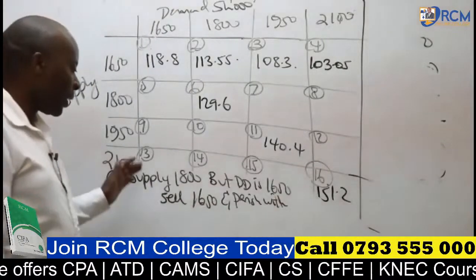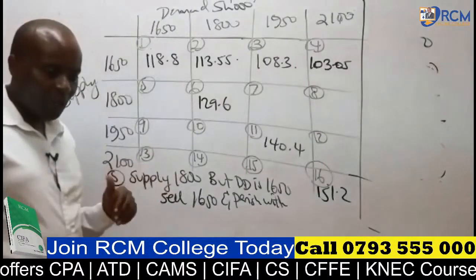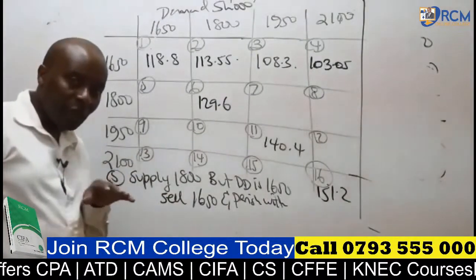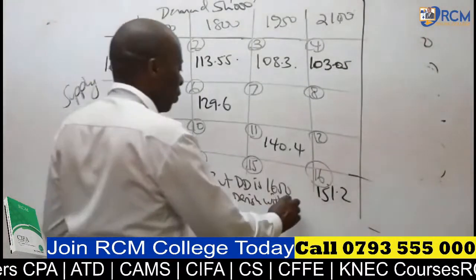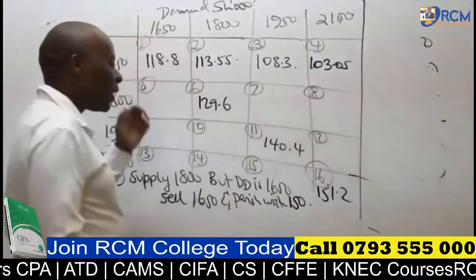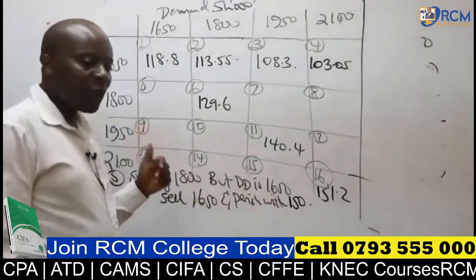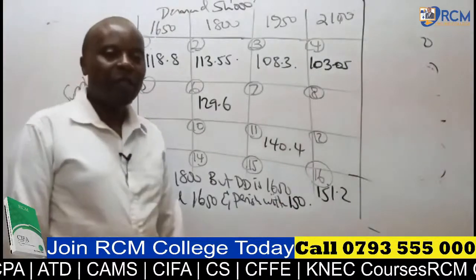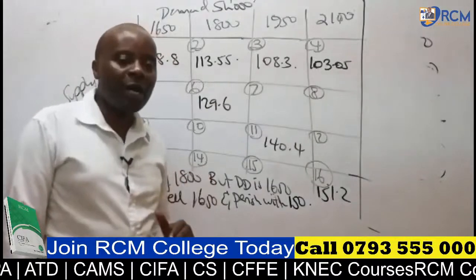So here we had supplied 1800, but demand is 1650. So I can see myself having some excess quantities without customers to buy. So you're going to perish with 150. So ladies and gentlemen, perish, of course, you subtract this and this. So what is going to happen? Here, I'm not going to perish 100%, no. They have told us we shall perish in terms of getting a reduced price.